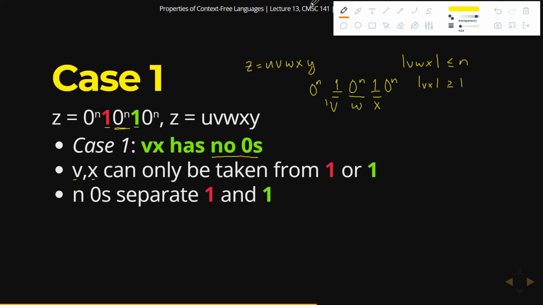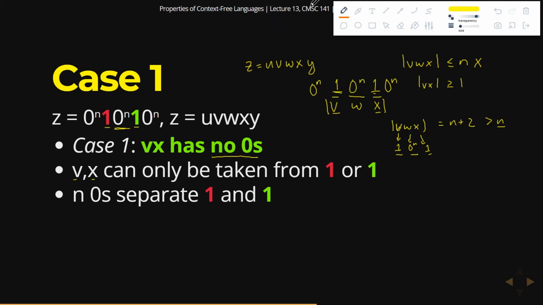The length of vwx in this case would be: v is a 1, w is 0^n, and x is a 1, so that would be 1 plus 1 plus n, so n plus 2. And that is actually greater than n, so that would violate this condition. So both v and x cannot be 1s.